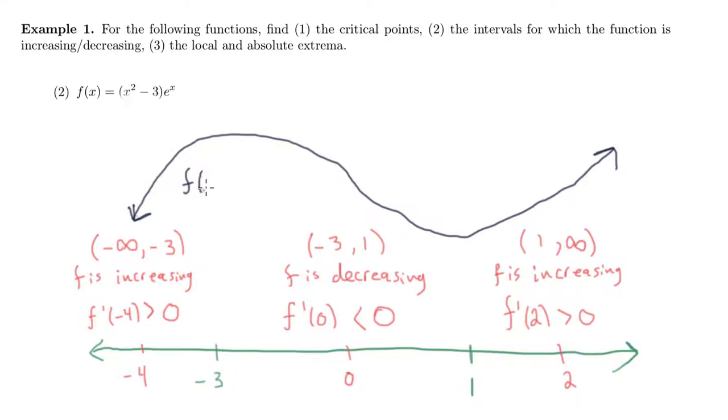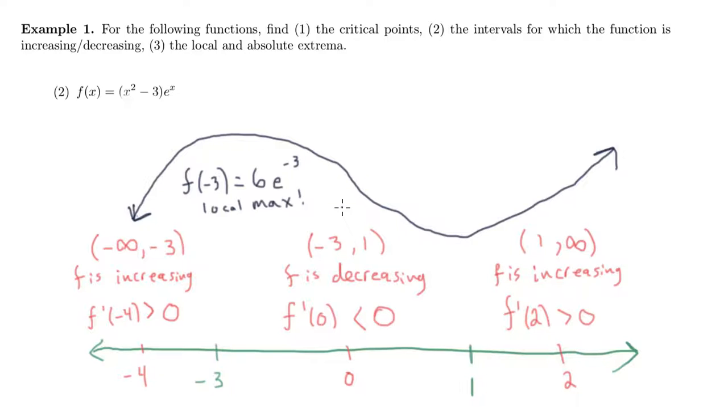This means that f of negative 3, what is f of negative 3? F of negative 3 is 6 times e to the negative third. This is a local max because the function changes from being increasing to decreasing.